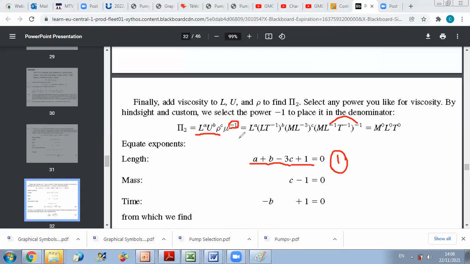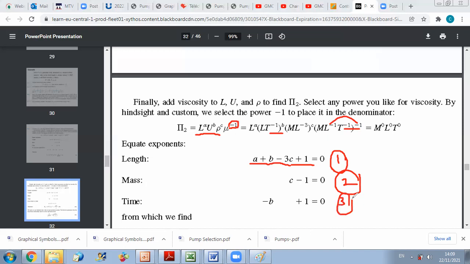For the second relation, for mass we have C and another exponent coming from the mu. It's M to the power minus 1, meaning C minus 1 equals 0. This is equation number 2. Equation 3 is for time. So for time we have first minus B, and from viscosity minus 1 is plus 1. So this is equation number 3.